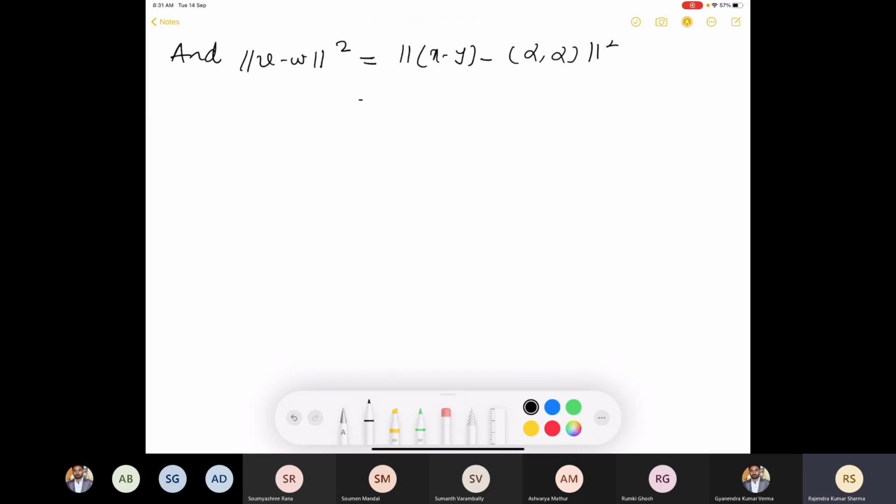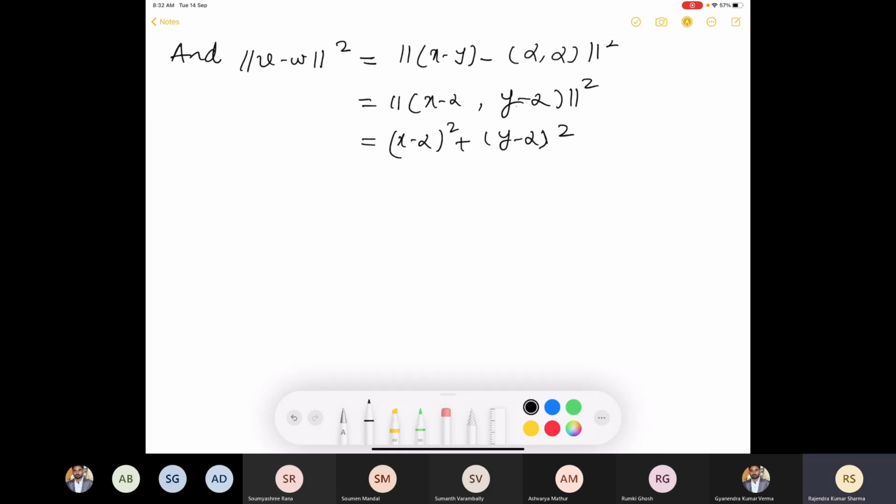So this is the norm square of (x minus alpha, y minus alpha), which is (x minus alpha) square plus (y minus alpha) square.